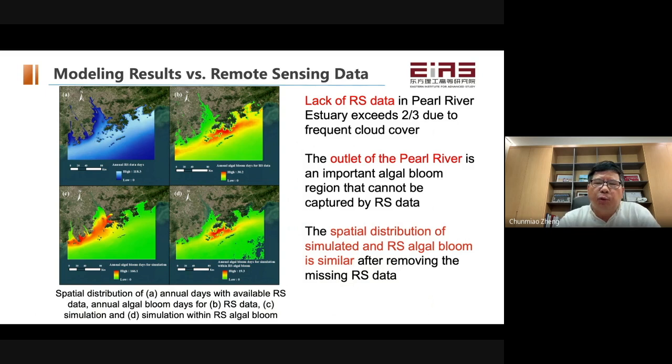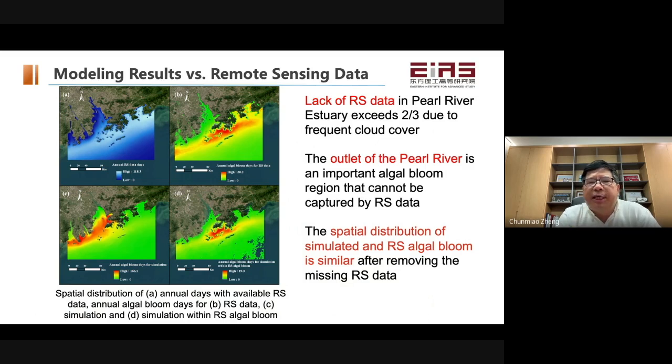So when we remove the simulation results where there is no remote sensing data, and only compare simulation with remote sensing on those days with data, they agree much better. So this is, I think, one of the very first times we directly compare our physically based model result with the remote sensing data.